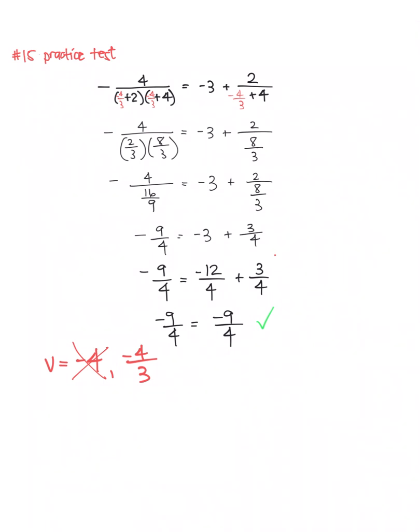And as you can see, negative 4/3 is a solution for v, so the final answer is v equals negative 4/3. Yay!